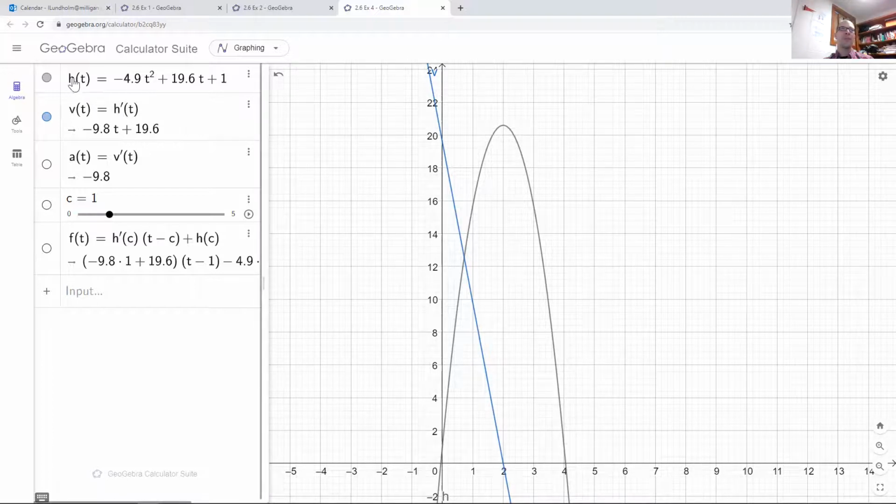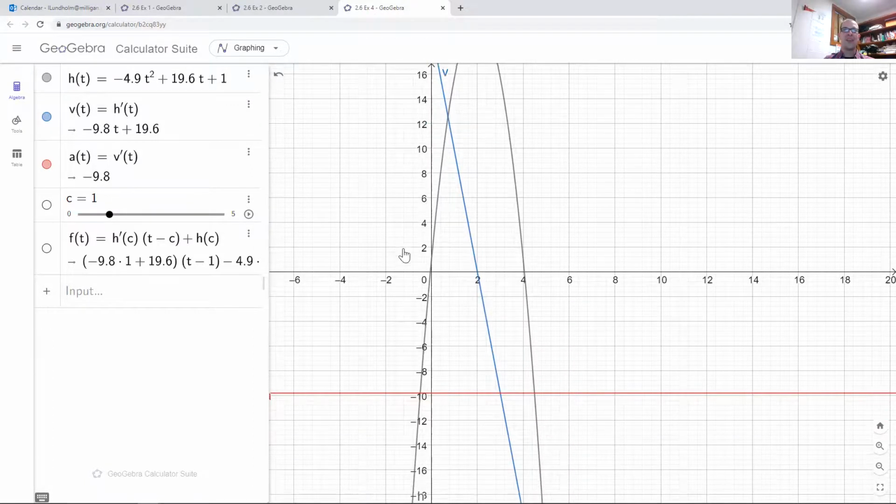If you think about what is causing the velocity of this soccer ball to change, it's gravity. And so gravity is the only thing that's accelerating this soccer ball or changing its velocity. And that happens to be Earth's gravitational constant, 9.8 meters per second squared, the acceleration function.